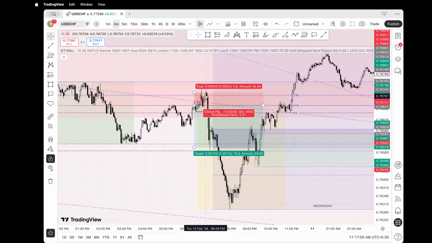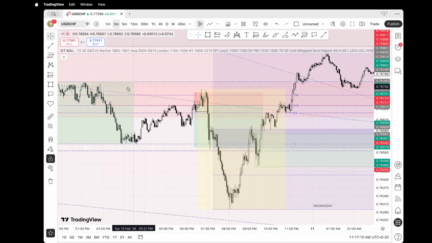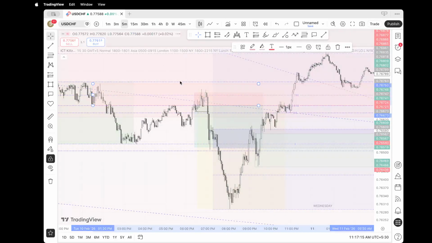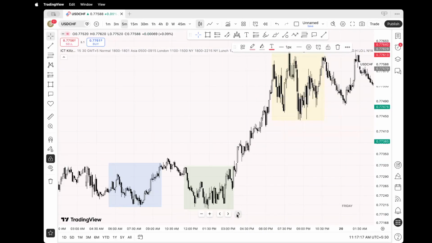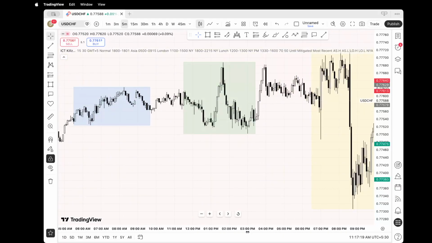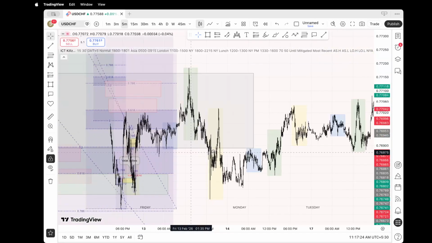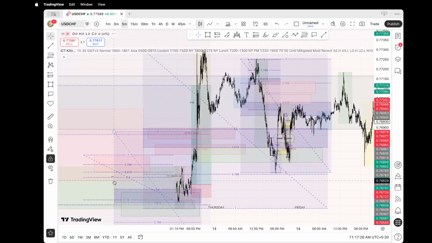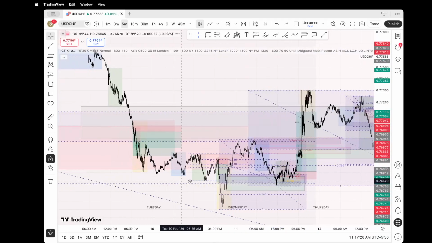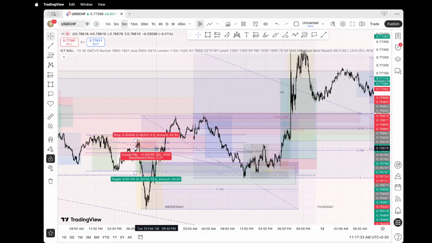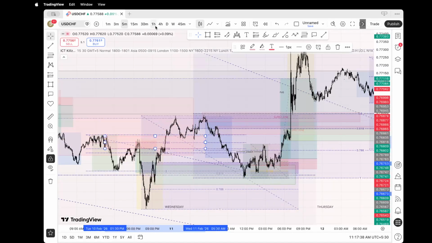Here we go again. So there was this 5 minute, I guess. This is the 5 minute order block. No, that's a much larger order block.